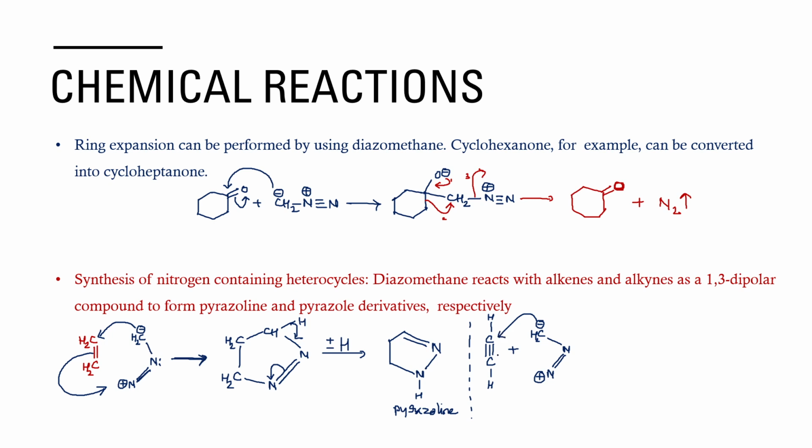So this will attack over here, this will attack over here, and we will get C double bond C H H, CH2 N. There is a nitrogen, there is a double bond, and then again we will do the same thing, plus minus H. So from here that proton will be removed and we will get something like this.